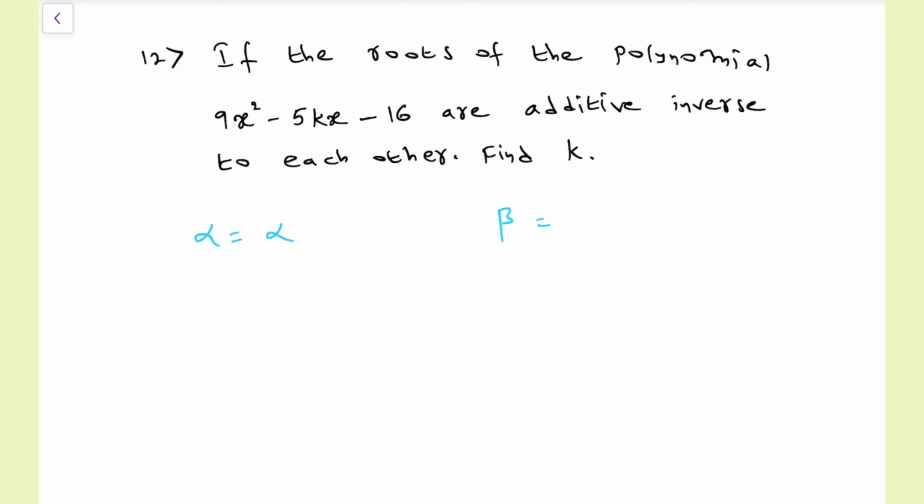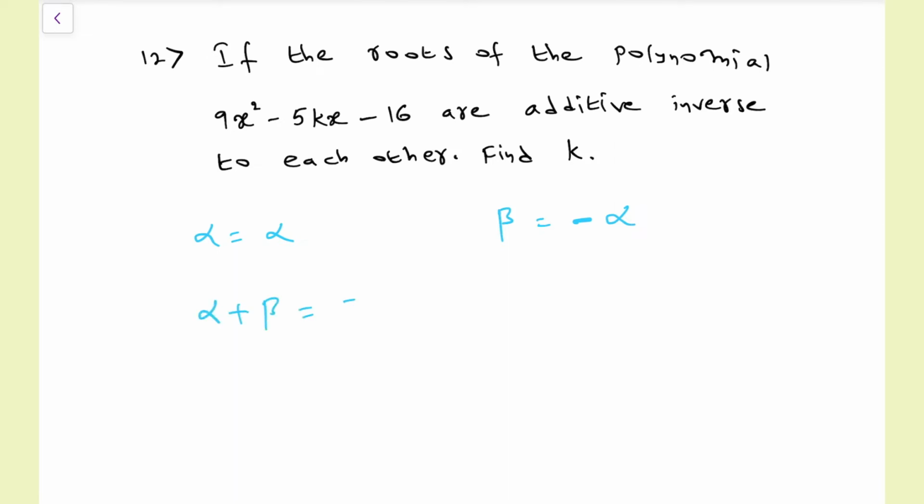Then what about beta? He said that the roots are additive inverse to each other, which means the sign needs to change. So alpha is alpha only, and beta will become minus alpha. Now I am adding these two, that is alpha plus beta.